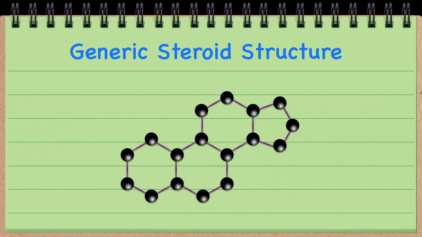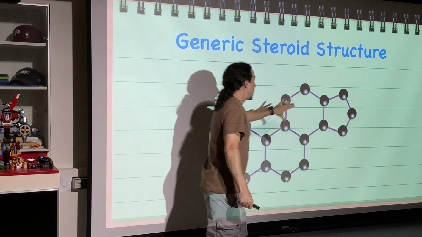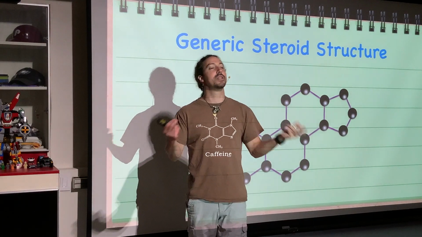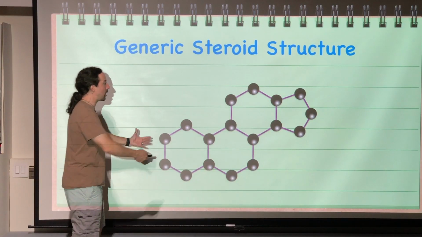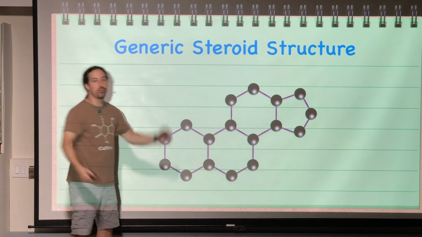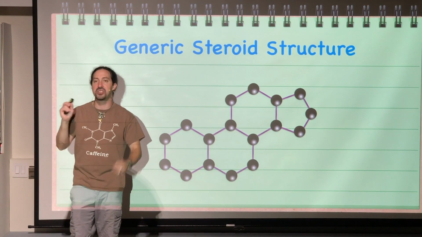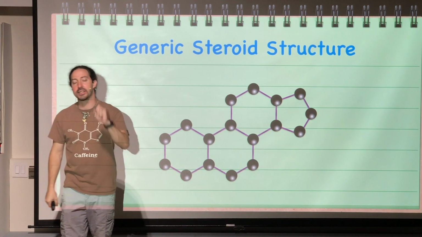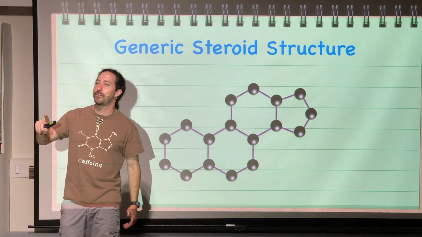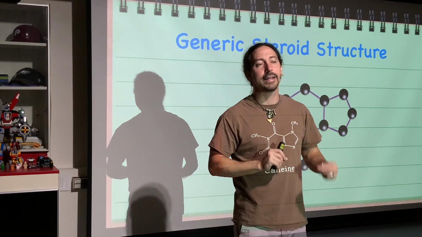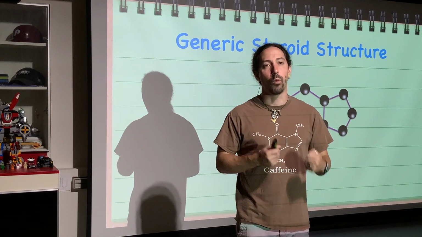This, though, is the generic steroid structure. Every steroid is going to have this as its base. It's going to have these carbon rings that make up the foundation of the steroid. So if you ever see a ring structure that looks like this, you should immediately think, oh, that is a signaling molecule. And that is a steroid. You should also be thinking that that's a lipid. And again, it's hydrophobic. It's not going to really interact with water well.